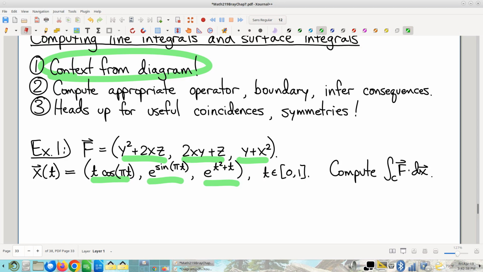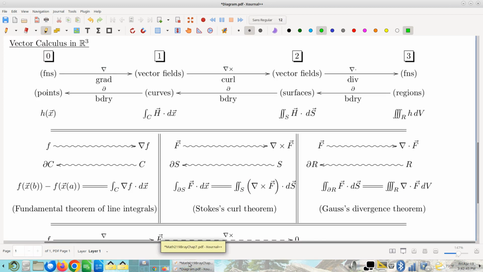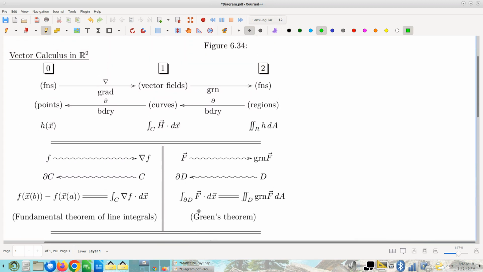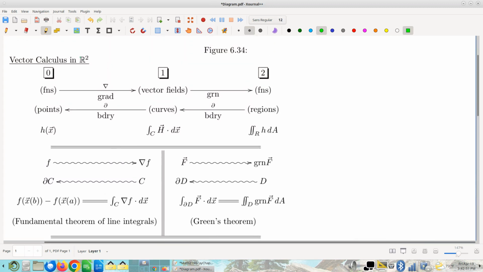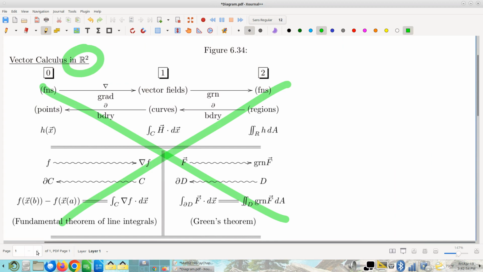And in particular, we are looking for a line integral in 3 dimensions. So back to the diagram. Forget about this stuff. This is for R2. This is not going to be useful for our computation. That's 2-dimensional stuff. Can't use it.